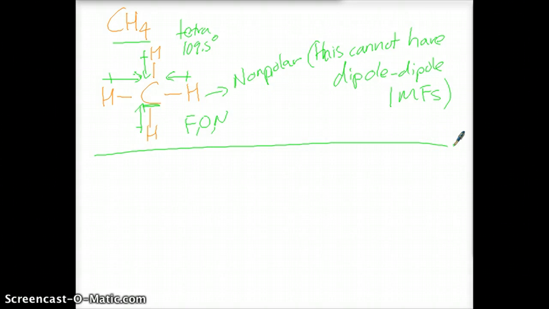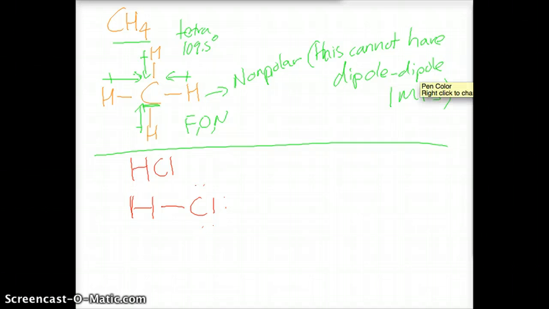But let's talk about another molecule. What about hydrochloric acid, HCl? Okay. HCl, if we drew the Lewis structure for it, would look like so. Here's the Lewis structure for HCl. So we've got to think, is this polar?